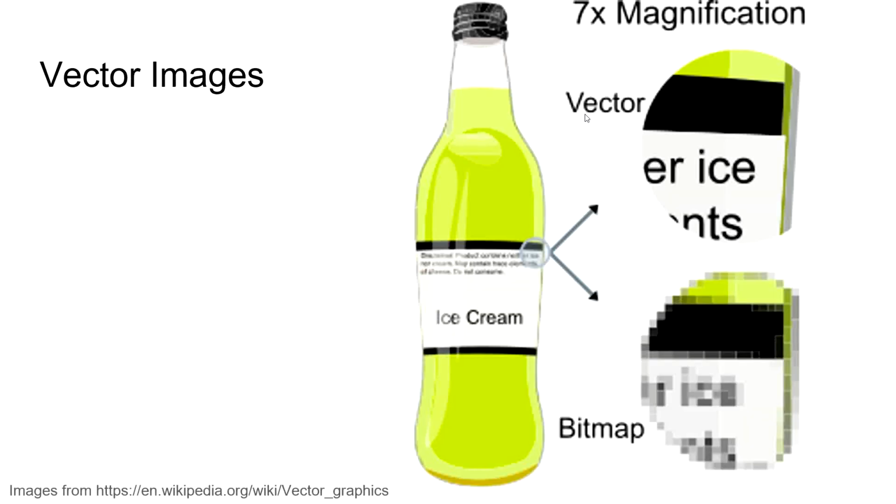All right. I also want to mention a few more things about how images are stored. So here we've got an image of some soda bottle, and what we've been talking about so far is this bottom image style called a bitmap. And a bitmap is that grid of pixels like you normally think about, and for each pixel you write down the color. But another way to make an image is you could write down the instructions for making it.